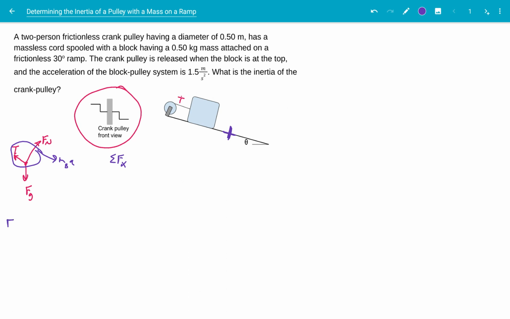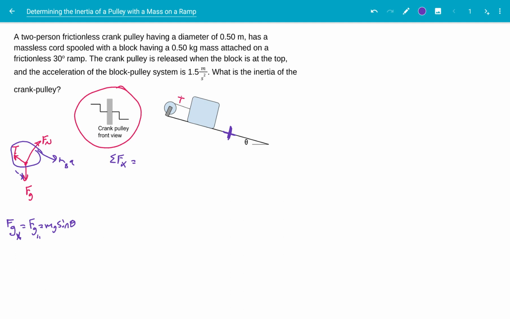So we have Fgx, if you look over here to the left, that's a component vector that's parallel. Other teachers like to use Fg parallel. This is just mg sine theta.